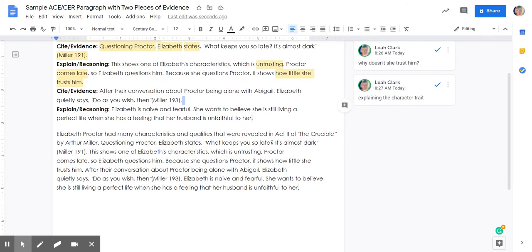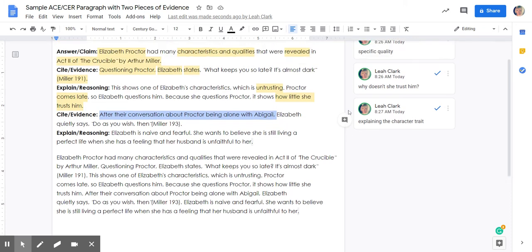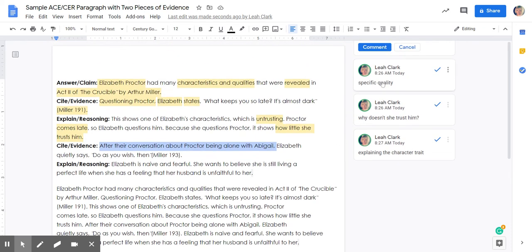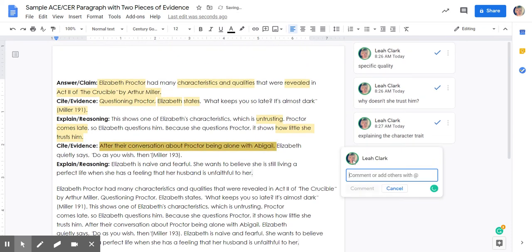Then this person embeds their second piece of evidence. After their conversation about Proctor being alone with Abigail, Elizabeth quietly says, "Do as you wish then." Again, folks, this is beautiful. This is such a beautiful sentence or quote embedding. Okay, so it gives us that context in which to understand this quote.